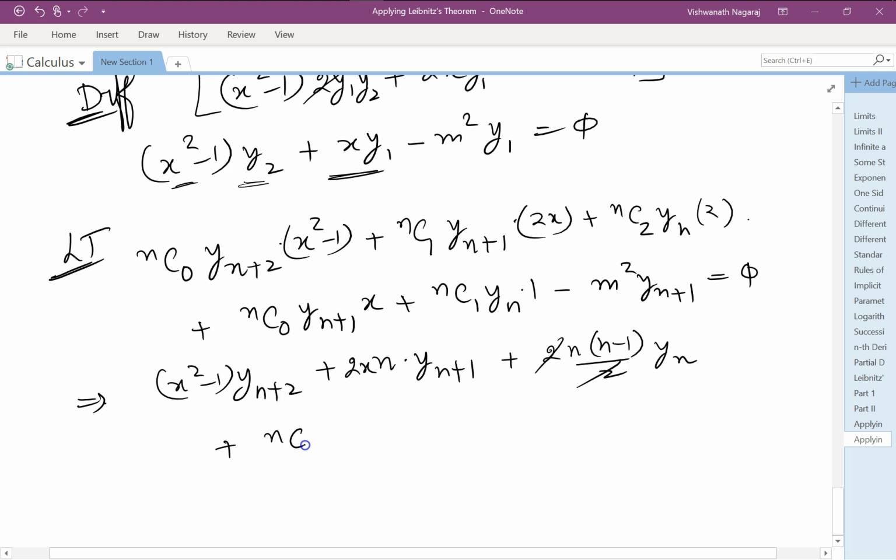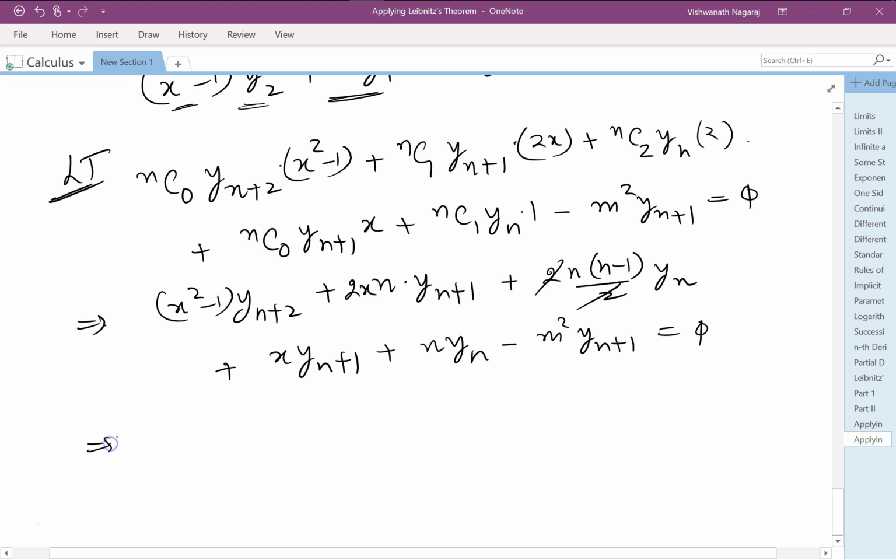plus nC0 is nothing but 1, xyn plus 1 plus nC1 is n, yn minus n square yn plus 1. Okay, now this and this are like terms, and this is also a like term.